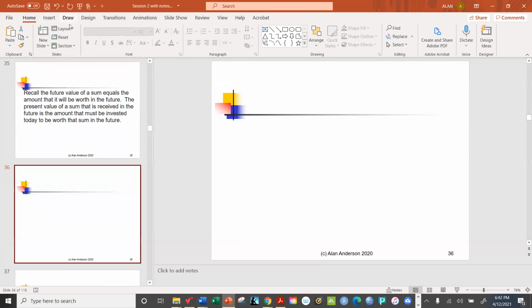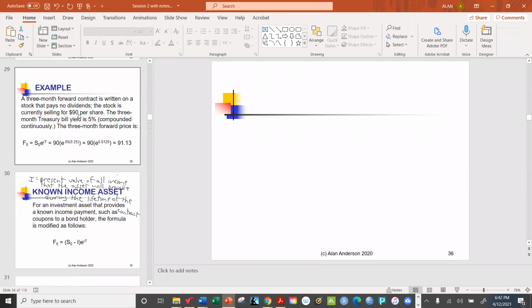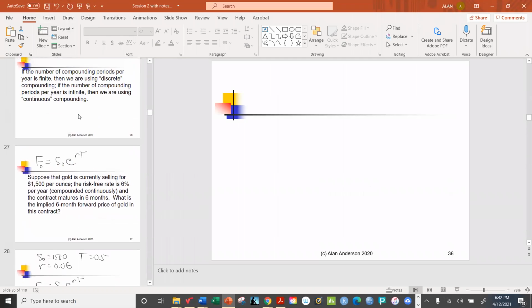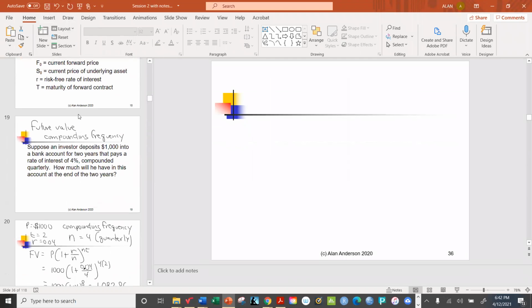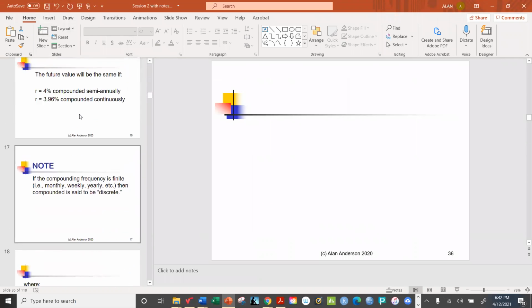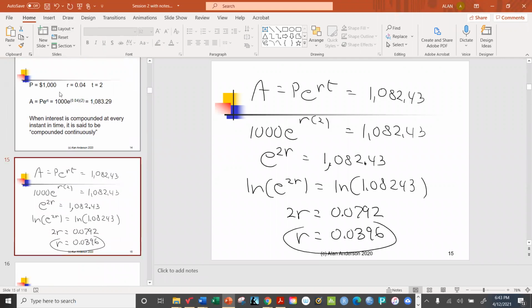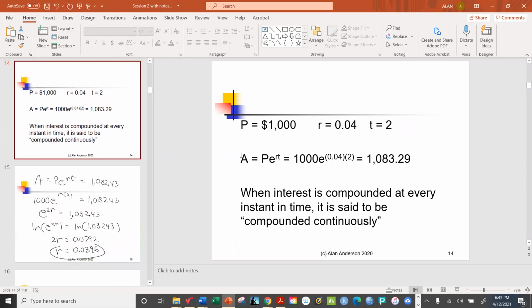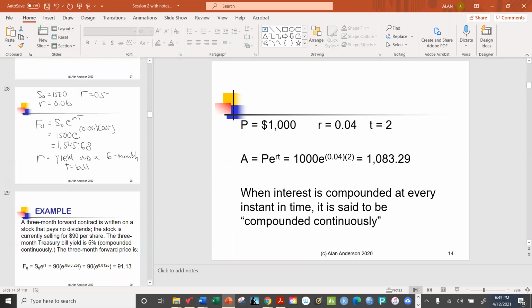Okay, so if you recall, that's the future value of a sum with continuously compounded rates of interest.